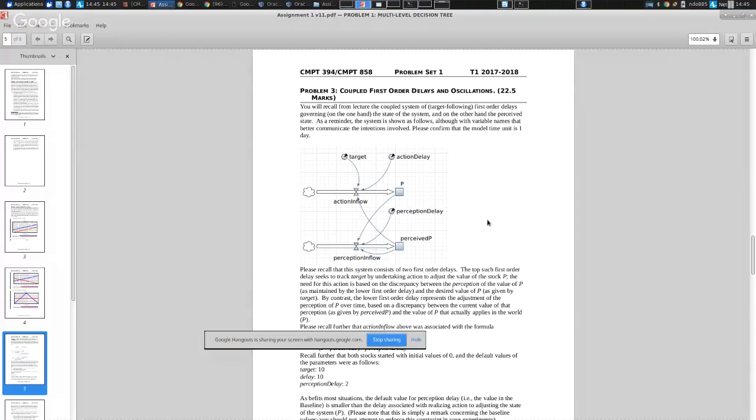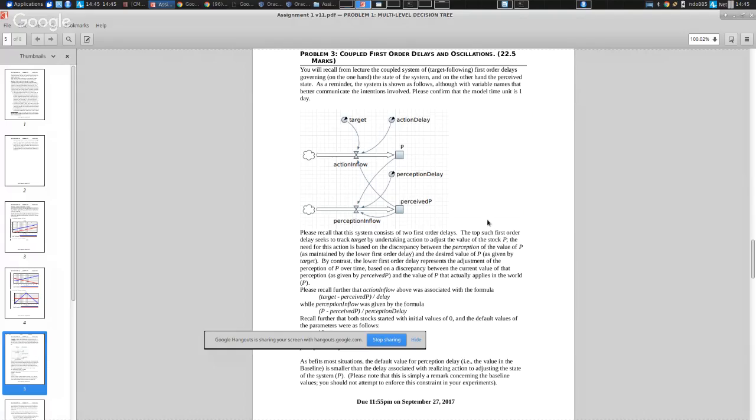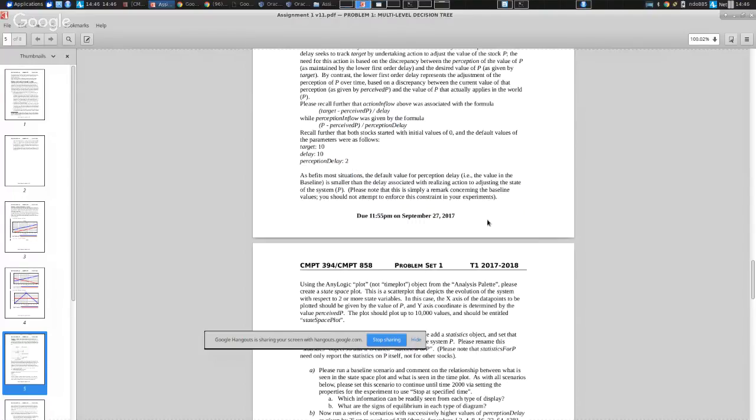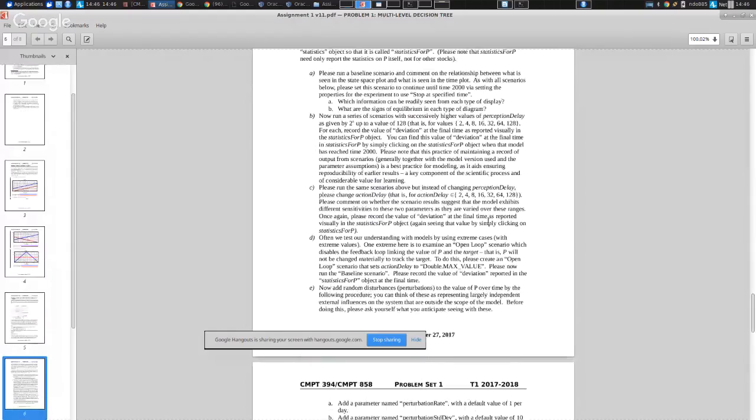And here you are looking at something which involves an action delay to change, like the location of the car to the steering wheel, for example, and sometimes to change the perception of that. Okay, and I'm asking you to work through this example, to build it up here, and then to go through a couple of scenarios where you are trying out different values, and answer some questions with respect to them, okay?